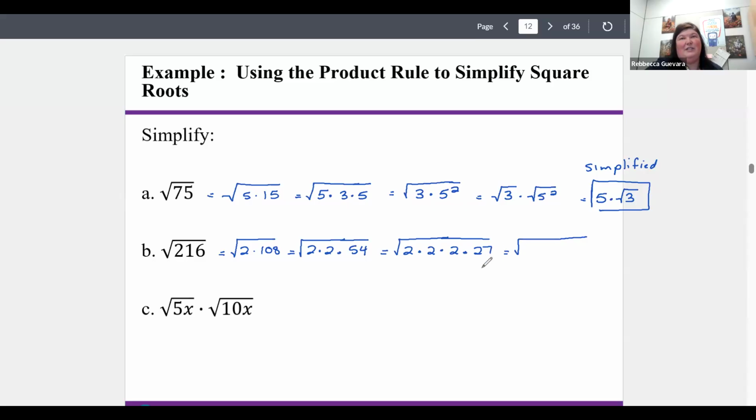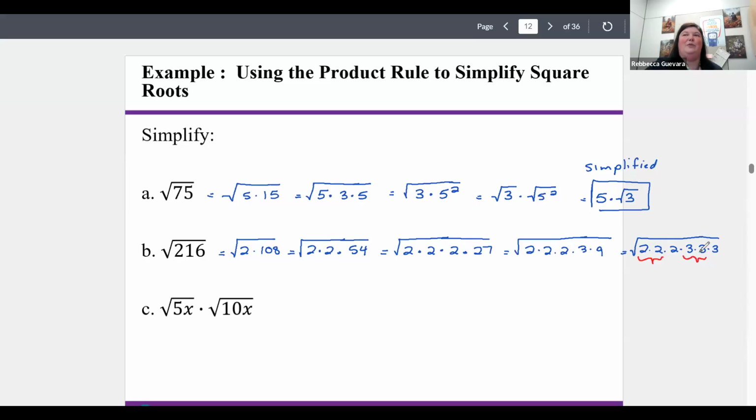Now 27, I can tell you this, is actually just 3 times 3 times 3. If you want to do it step by step, you're going to get 2 times 2 times 2 times 3 times 9. And then if we break down that 9 even further, you get 2 times 2 times 2 times 3 times 3 times 3. So another method that we could use is that we have a pair here and here.